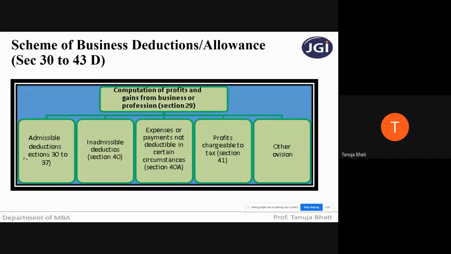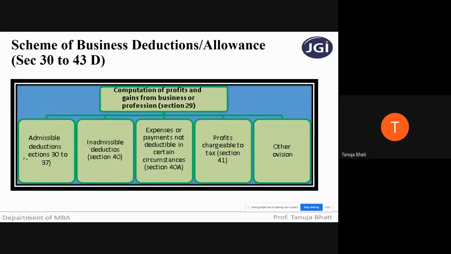The admissible deductions under sections 30 to 37 we have already covered in our previous lecture, lecture number 16. Today we will be seeing inadmissible deductions, expenses or payments which are deductible only in certain circumstances, profits chargeable to tax, and other provisions.